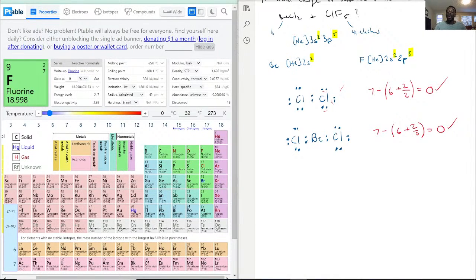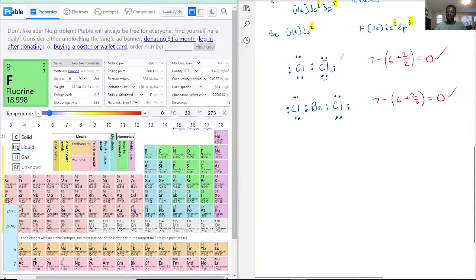Okay, and now ClF5. This one's a little bit trickier. Well, I guess it's just more extensive. So we have the chlorine in the middle because that's the unique one in this case, and it's surrounded by 5 fluorines. And you're probably wondering, how is chlorine going to do that?